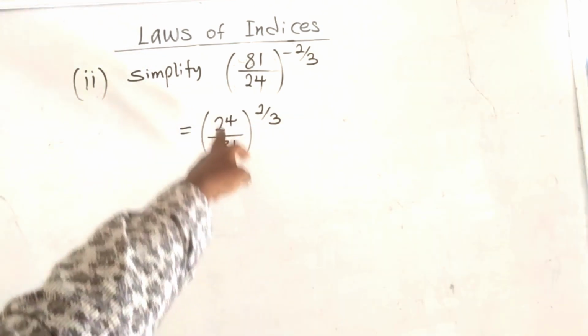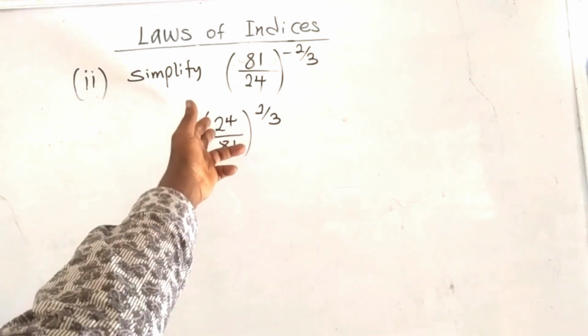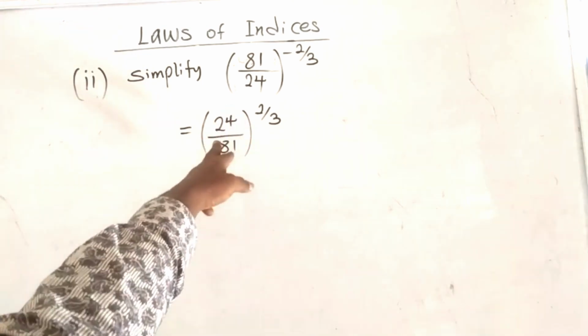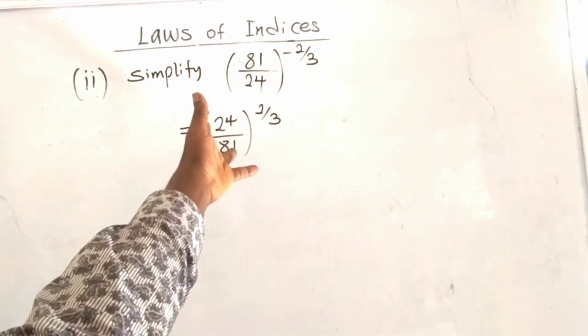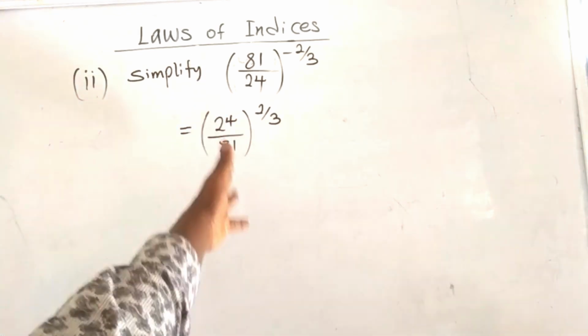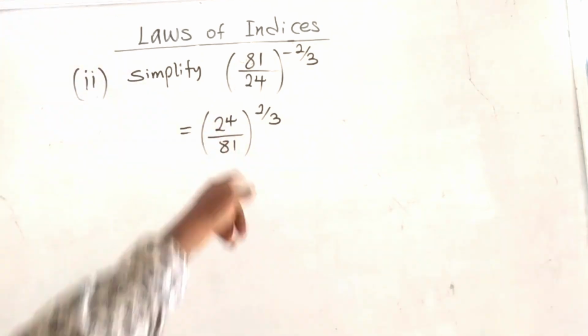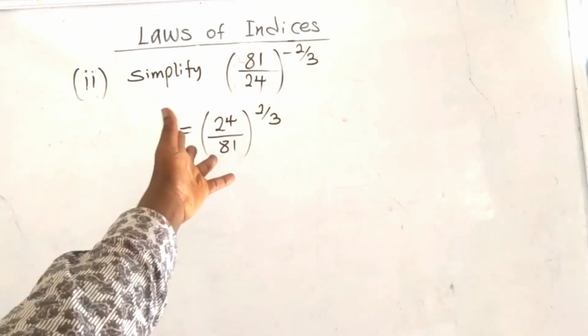It seems we don't have perfect cubes in the fraction, but by reducing the fraction to its lowest terms, you will discover you have some perfect cubes. Let's reduce the fraction.